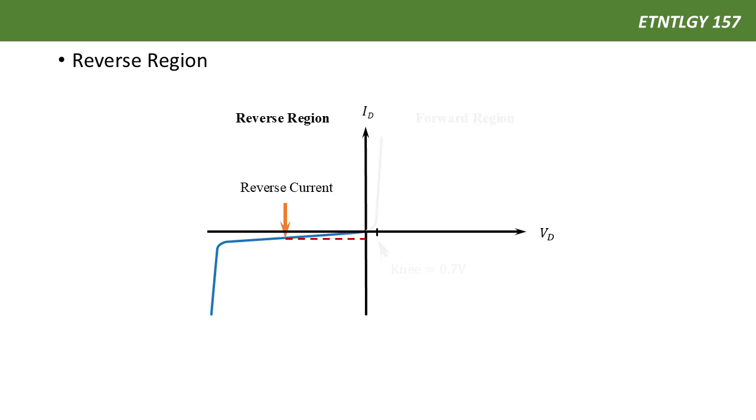The little current that goes through it, we call reverse current. It represents a very small amount of current that can go through it until it just drops rapidly. This is when lots of current goes through it, and then it breaks the diode. It burns the diode. And this is the time you see the smoke come out.